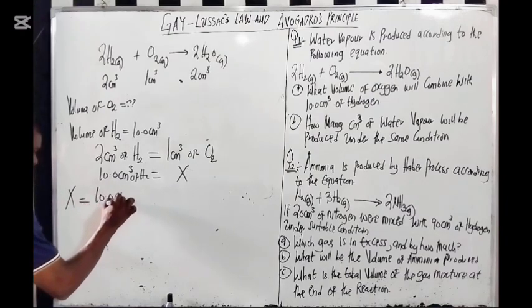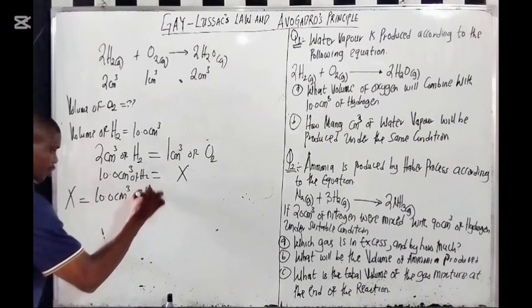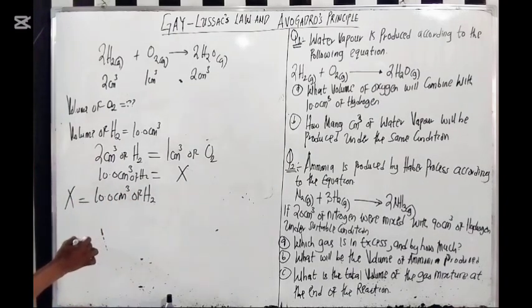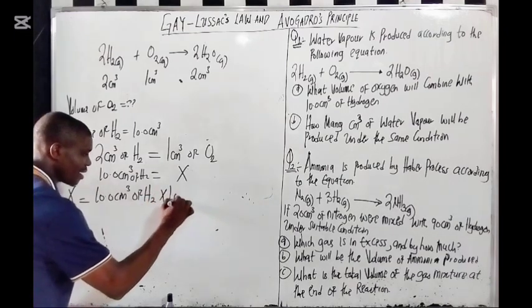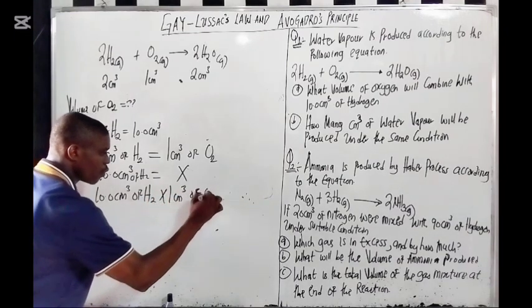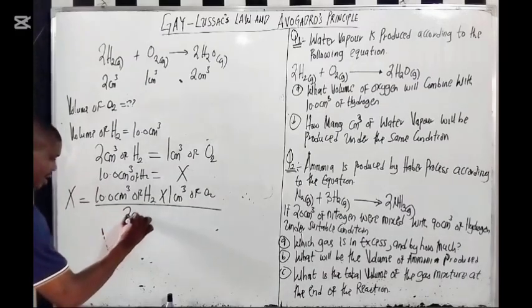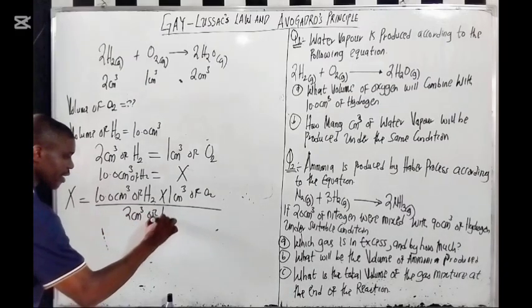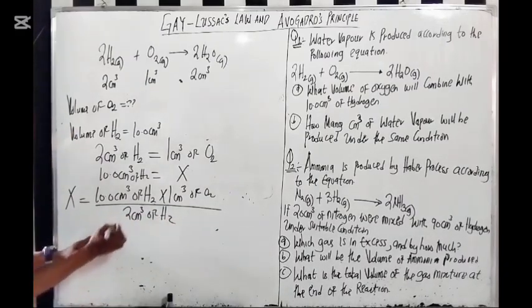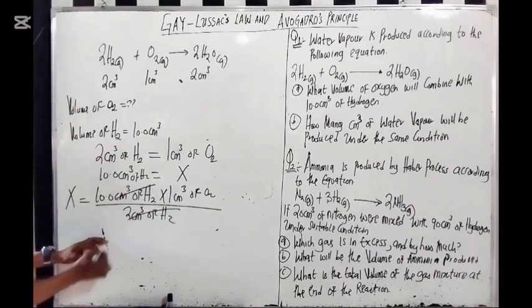So you have x equals 10.0 cm³ of H2 times 1 cm³ of O2 over 2 cm³ of H2. This will cancel out this here, right?